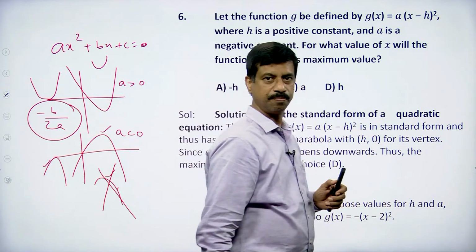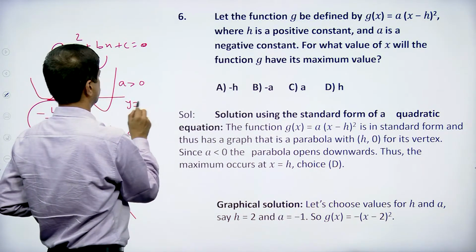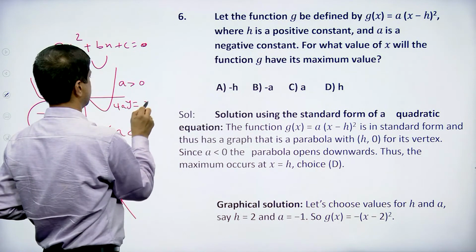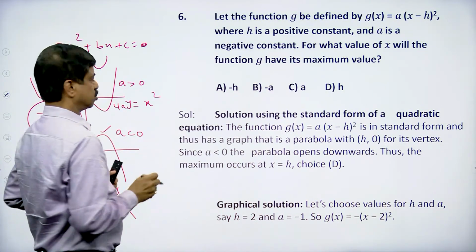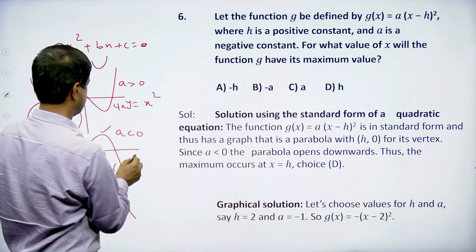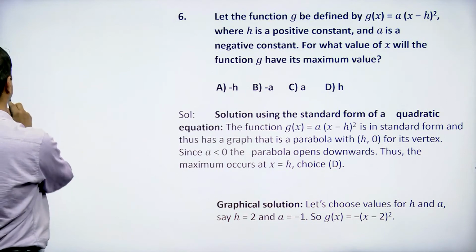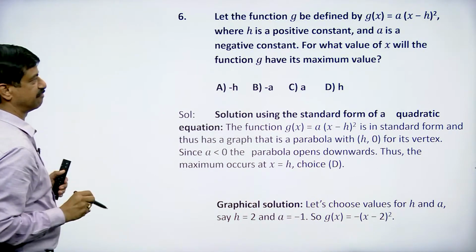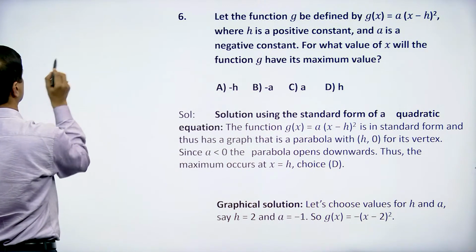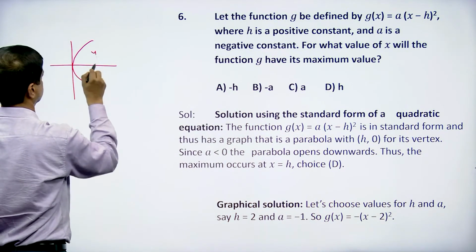See, parabola, no? So, this is x square equal to 4ay. If it is this, the parabolic curve will be like this, we need to redraw this. So, exact diagram if we have to draw, this is the parabola of y square equal to 4x.